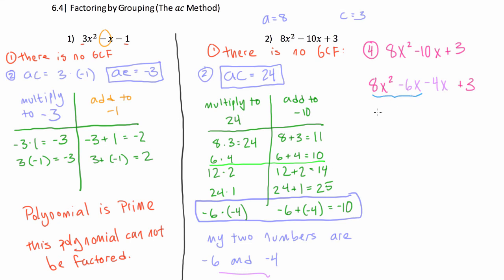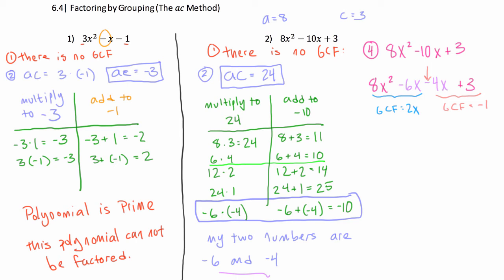So I can take out a 2x from these two, and then I can take out, let's see, what's common to these? There's nothing common to these. So what I can do, I could either just take out 1, but because of this minus sign, I'm going to factor out a negative 1.